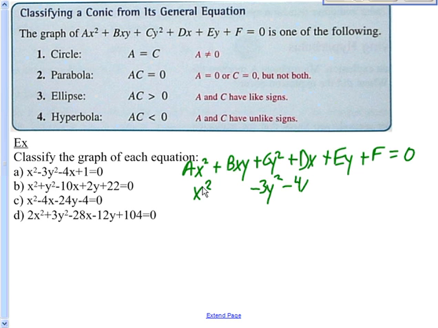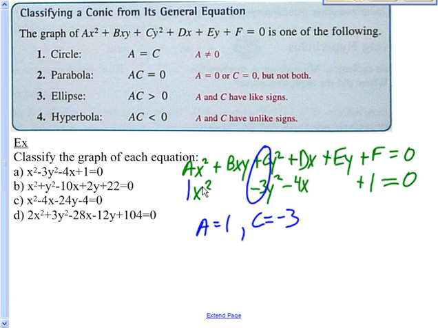Again, make sure that thing is equal to 0, right? So I say, oh, well, all I need to know is A and C, right? A is 1. C looks like it's negative 3.